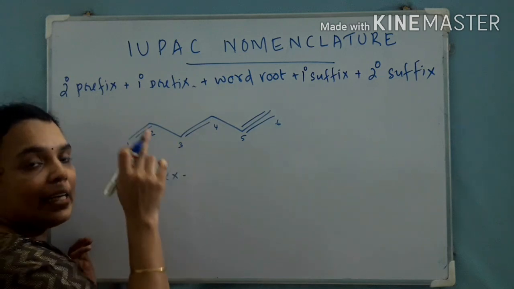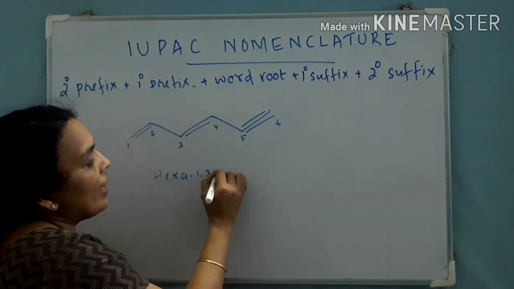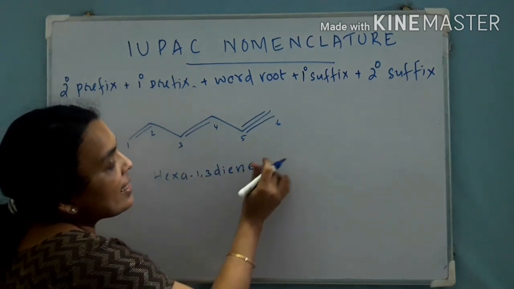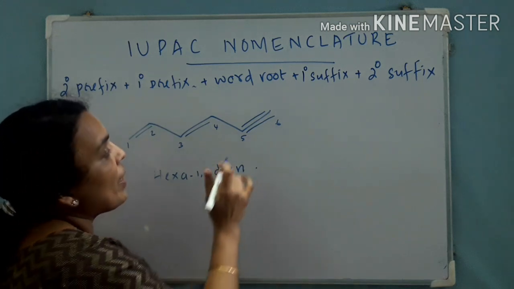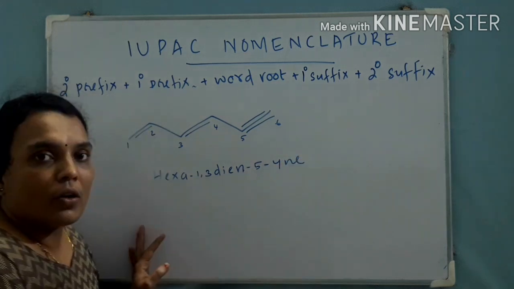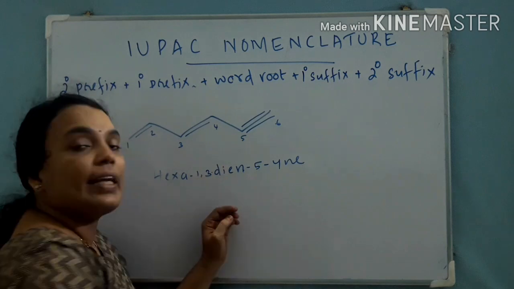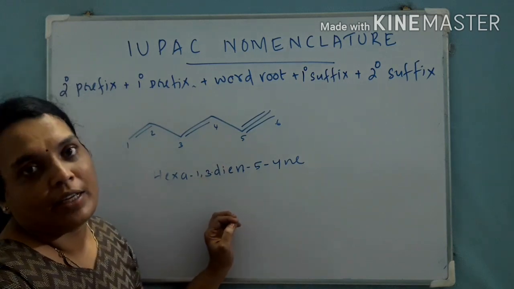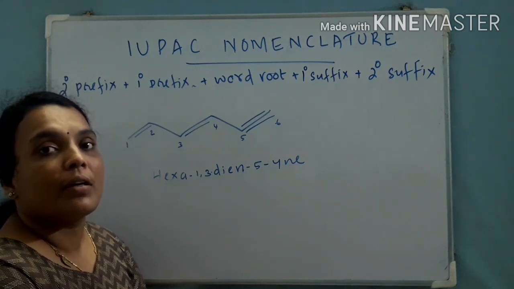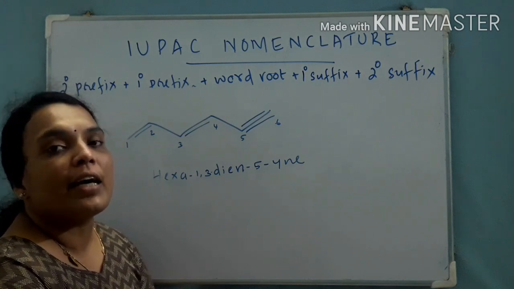So diene. So it is hexa 1, 3 diene. Then this e is replaced with 5 yne. Got it? Hexa 1, 3 diene 5 yne. So remember, the double bond should get the least number.